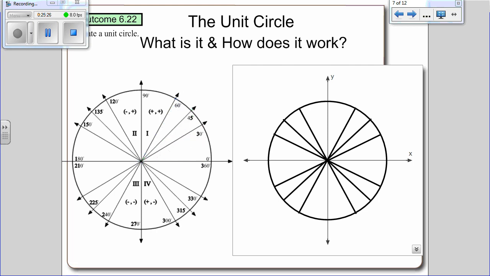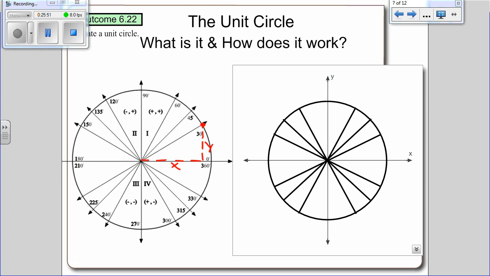That point, if you remember, are x and y values. And if you were to create your special triangle, that means x and y are now your opposite and adjacent sides. So I know that my point out here is at whatever my special triangle told me my opposites and my adjacents were.